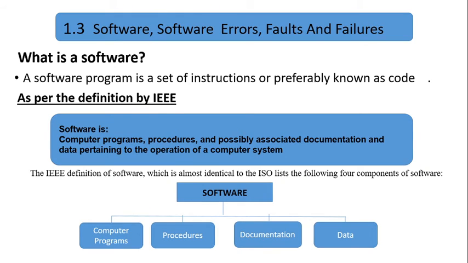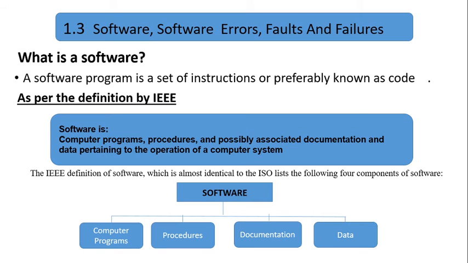Next topic: software errors, faults, and failures. What is software? Software is a computer program, procedures, and possibly associated documentation and data pertaining to the operations of a computer system.